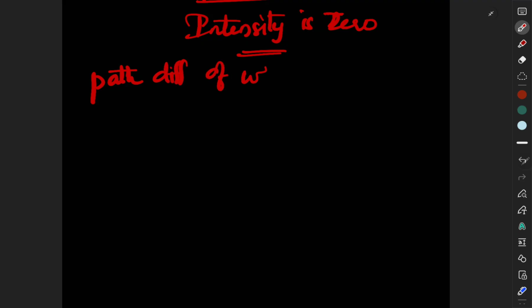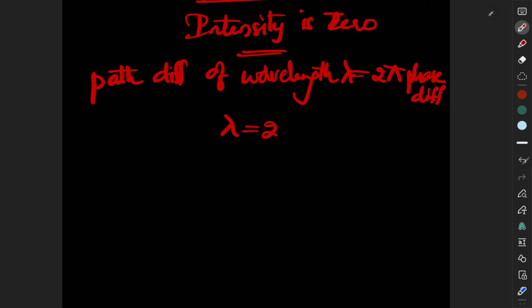And we have just seen that a path difference of wavelength lambda corresponds to 2 pi phase difference.